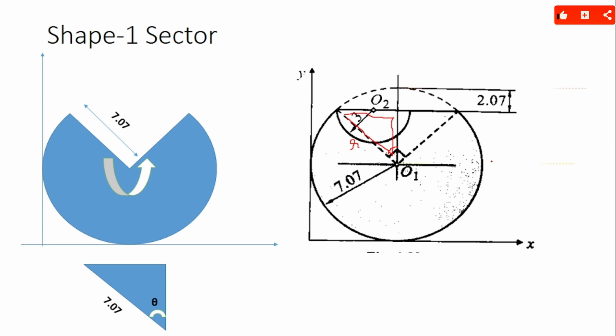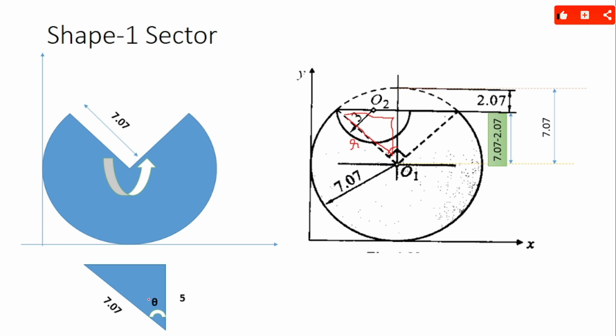For that we know that the distance between the center and top of the circle is equal to radius. So that radius value is known, 7.07. So if we subtract the given distance 2.07 from 7.07, we will get the value of h, that is height of the triangle. So 7.07 minus 2.07, it comes out to be 5. So we will get the height of this triangle is equal to 5.